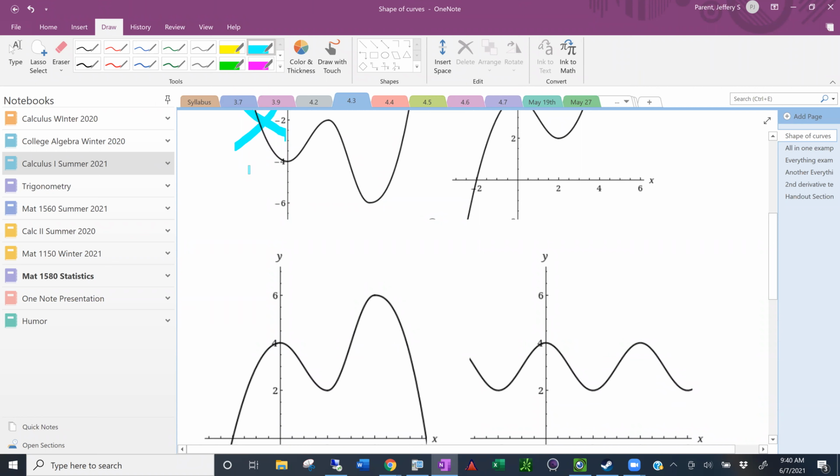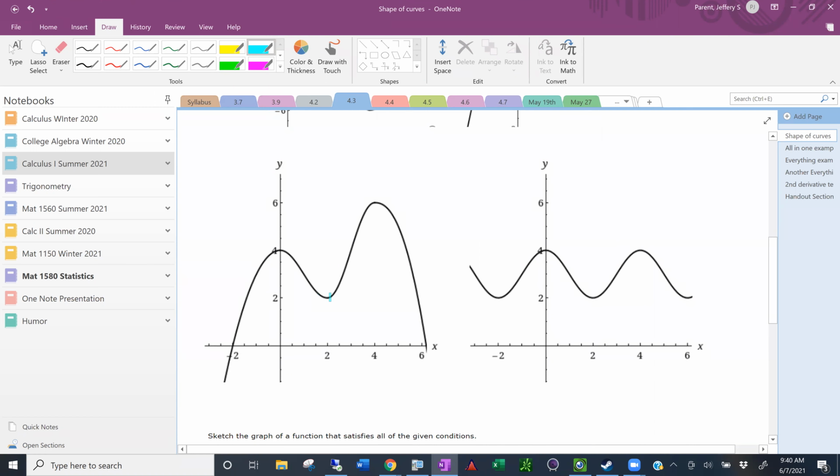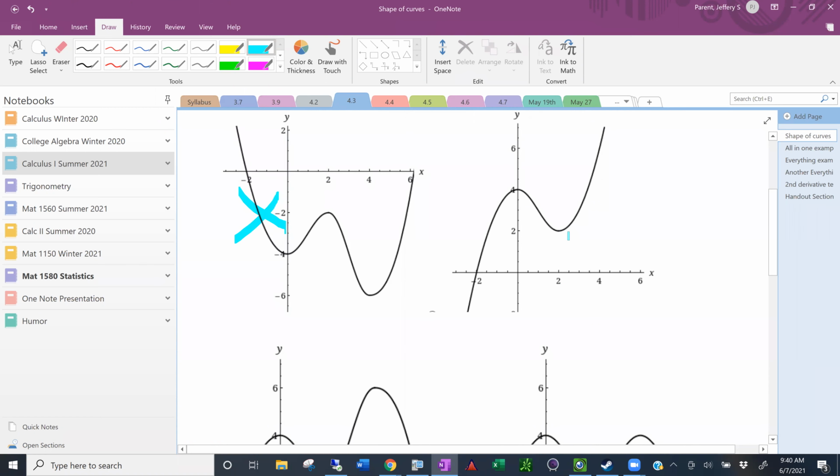Let's take a look at the others and see if we can't be a little bit more shrewd with eliminating things. So I'm looking for a relative min at 2. So we got a relative min at 2 there, and a relative min at 2 there, and a relative min at 2 there. So we're okay with those. They all have relative maxes at 0.